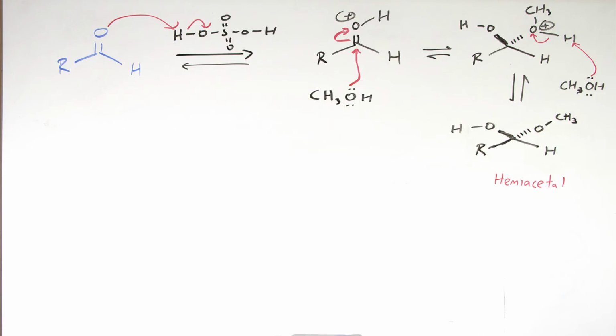Unfortunately, you don't have many other options. There aren't many protecting groups that work for aldehydes and ketones that can be taken back off. This is one of the few. So, first step, predictable as I said, protonation of the carbonyl group. Sulfuric acid protonates everything it can get its hands on.